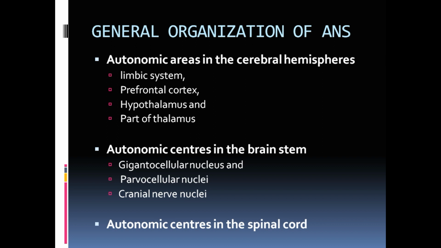These cranial nerves are 3, 7, 9 and 10. The nuclei of these cranial nerves, which are located in the brain stem, contribute to the control of the autonomic nervous system. Then there are the autonomic centers in the spinal cord, where the main neurons of the autonomic nervous system arise.